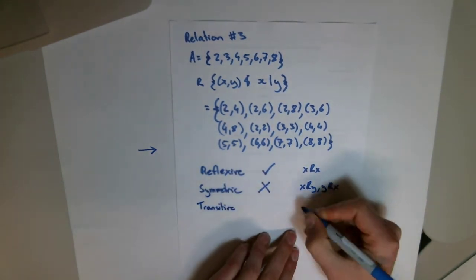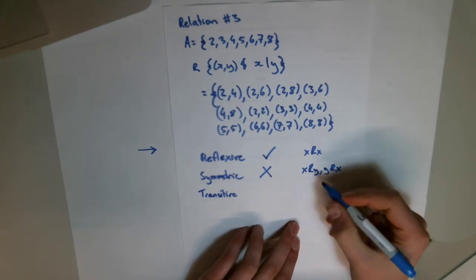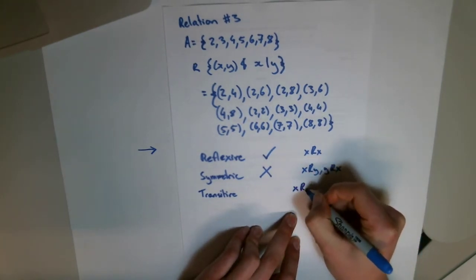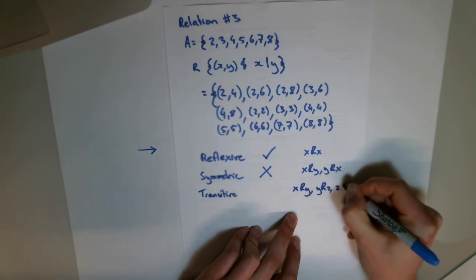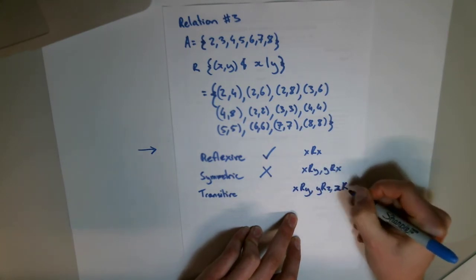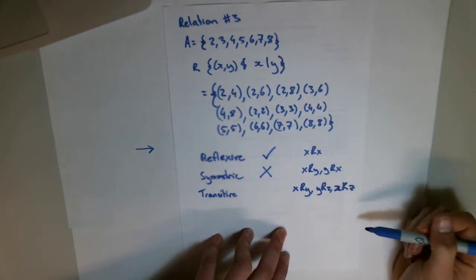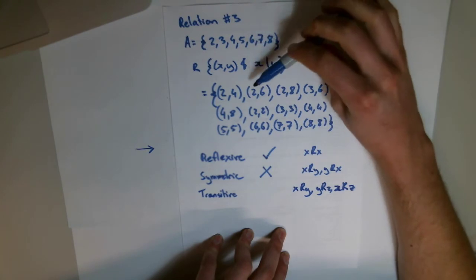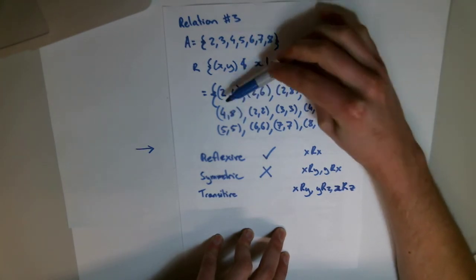Now let's check whether it is transitive. Hopefully you're getting familiar with the terminology by now, and again we're just checking if x maps to y and y maps to z, then x maps onto z. So if we have 2 to 4 and 4 to 8, we must also include 2 to 8.